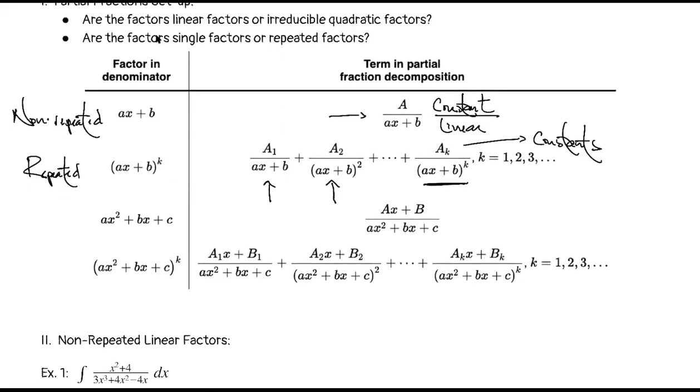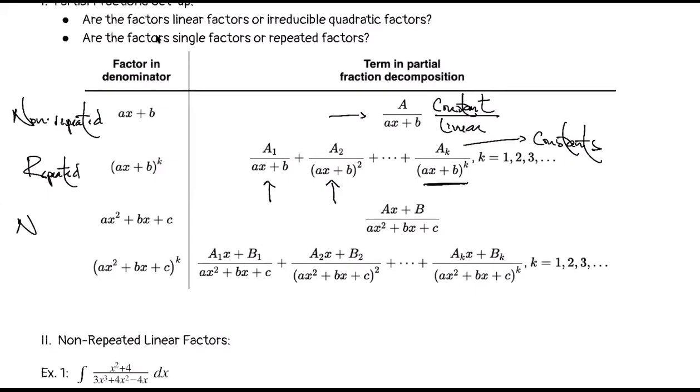But once in a while, you're going to get to some situations where the denominator is actually quadratic. And more specifically, these quadratic factors are not factorable, okay? And so in that case, we have, again, 2 situations.